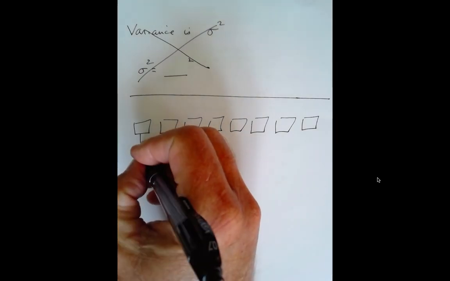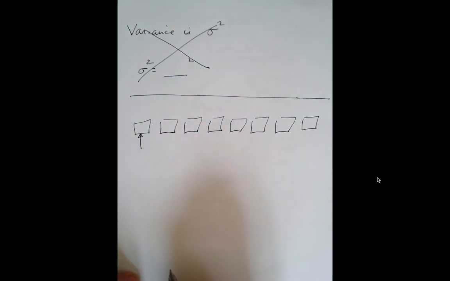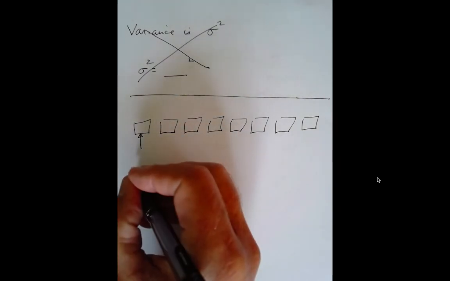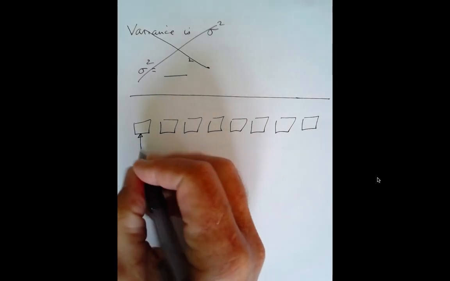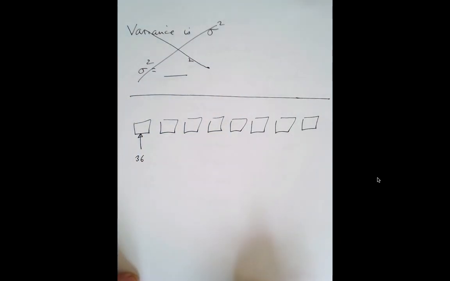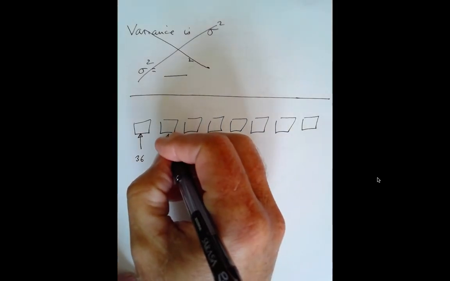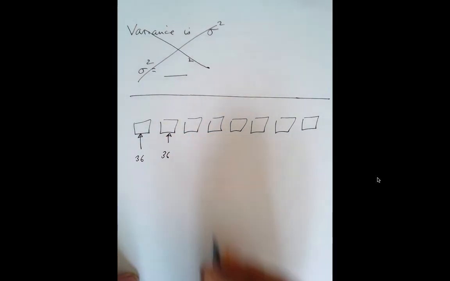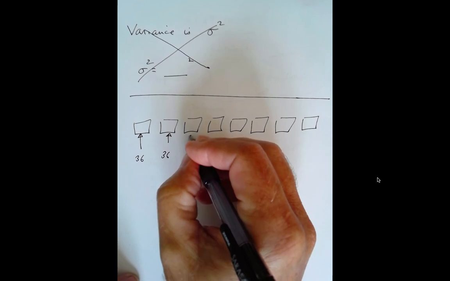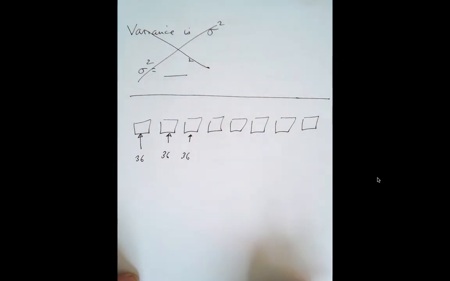If using 0 through 9, there would be 36 ways to fill this, 36 ways to fill this, 36 ways to fill this.